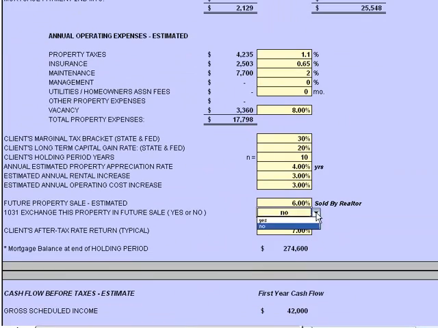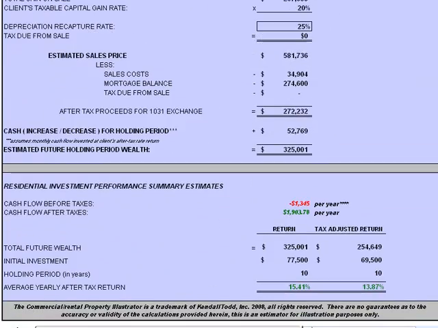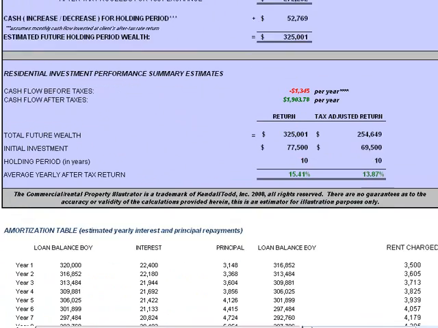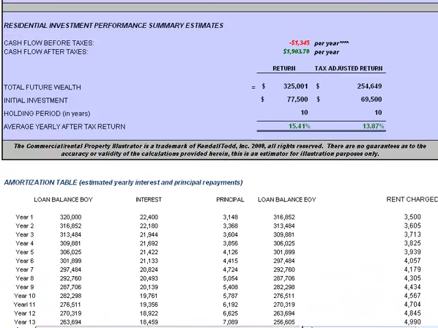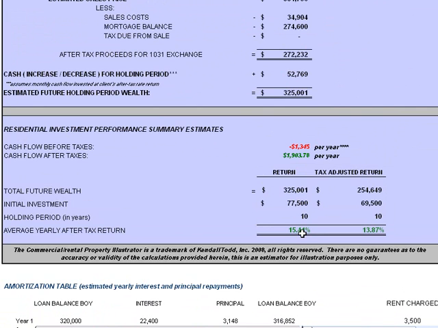Again, if I look at the exchange, if I said, yes, I'm going to defer this exchange, meaning in the future my taxes will be zero, then the actual return over the period here is 15.41. So it increases my effective return because I'm not going to pay taxes on that money, meaning when I buy a new property, I'll be able to defer the full $325.01, which is like being able to earn a 15.41% return.